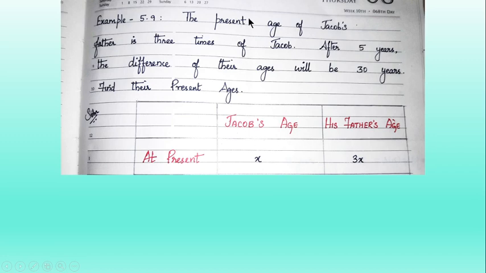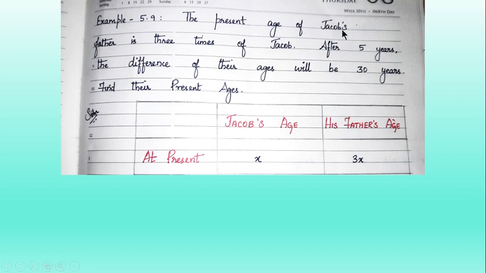Since Jacob's age is not given directly, we are assigning his age as x. The age of Jacob is not given, so it is unknown, that's why we are writing it as x.